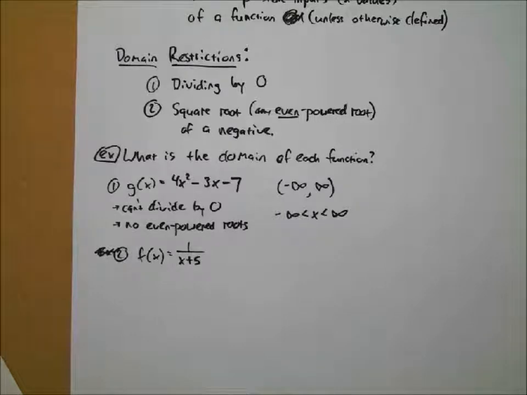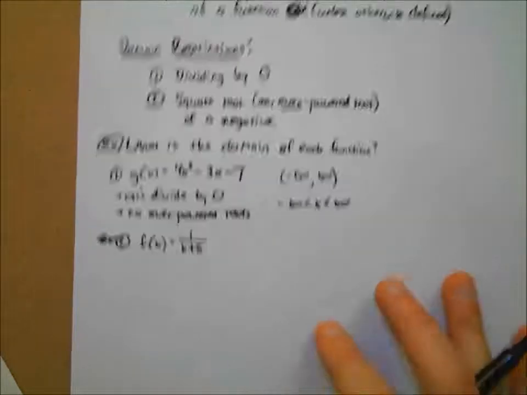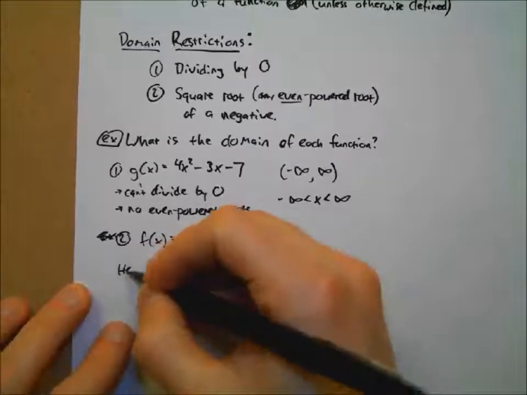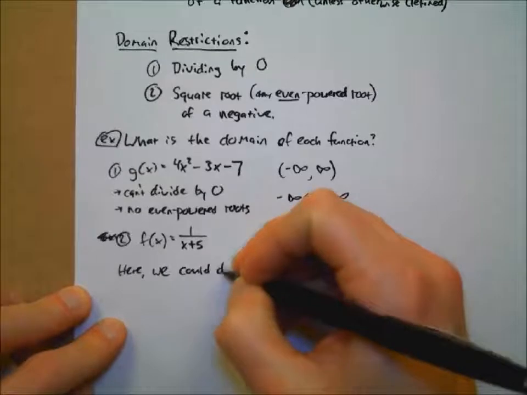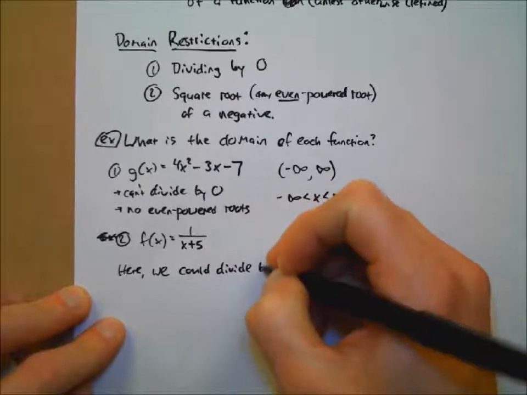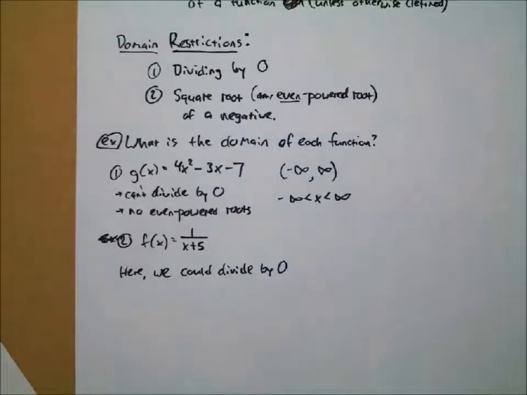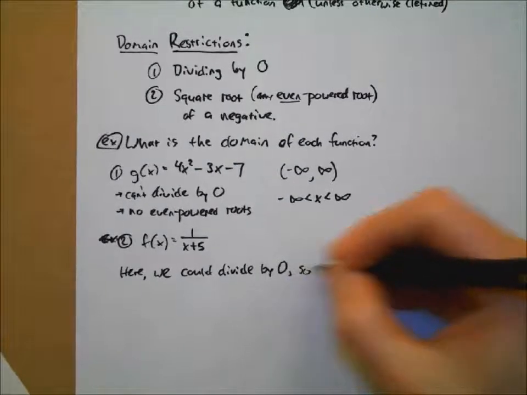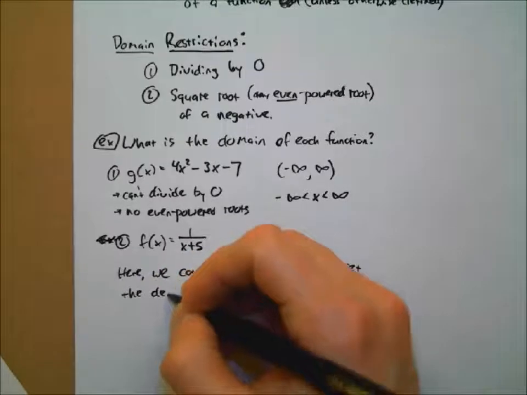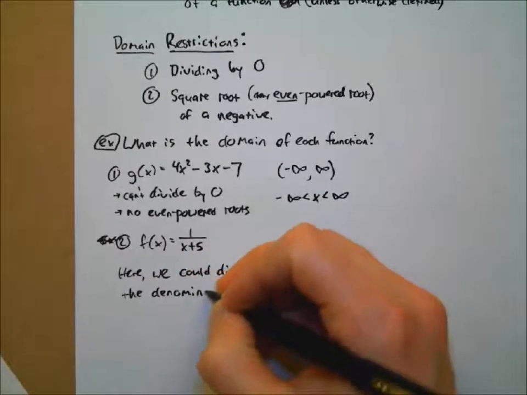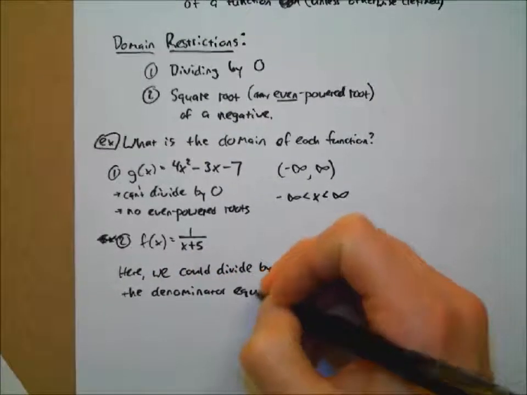Okay. So now let me just kind of help ourselves out. So here, we could divide by 0. So we set the denominator equal to 0.